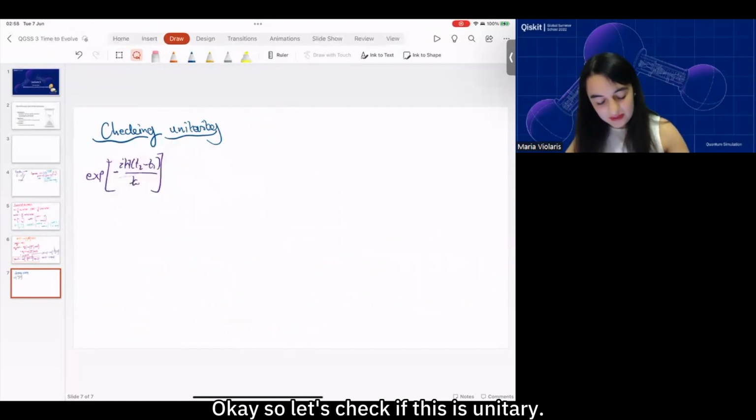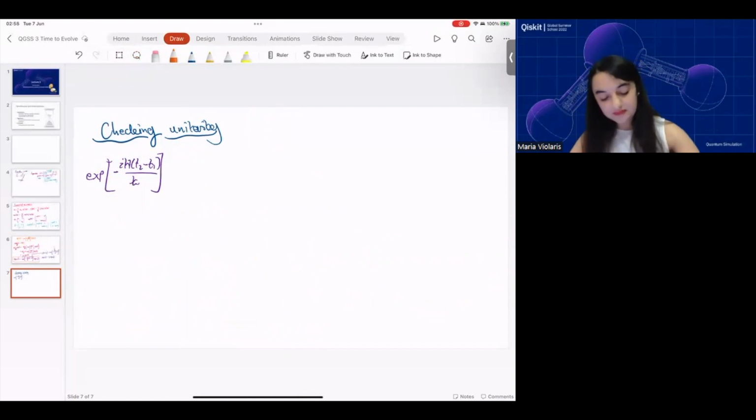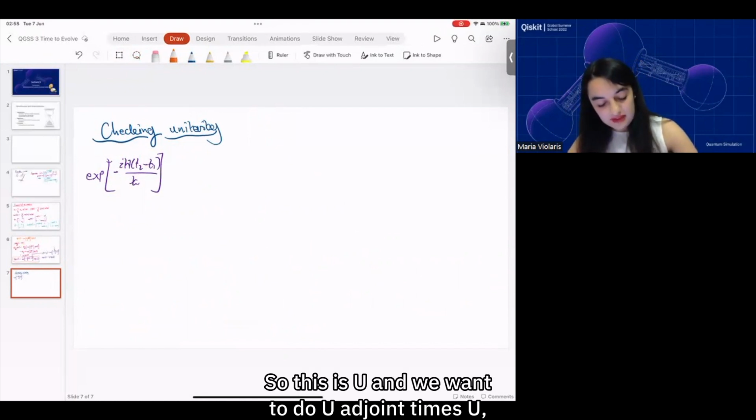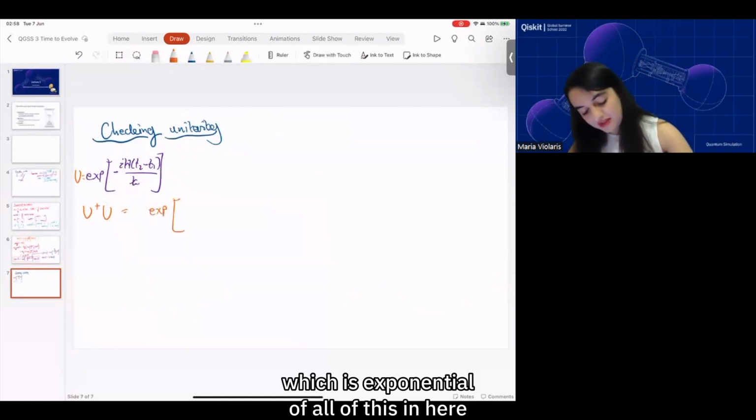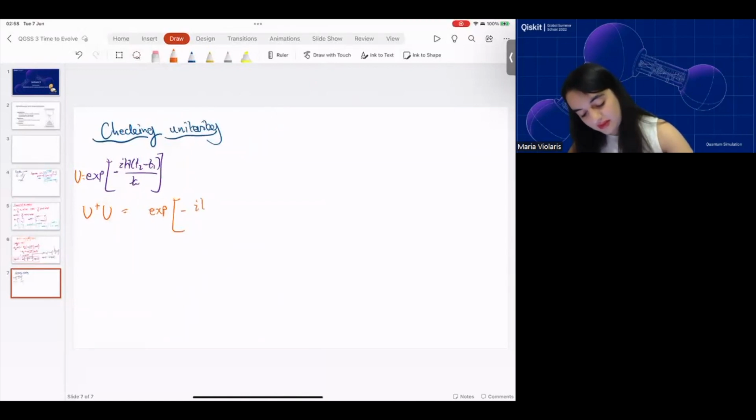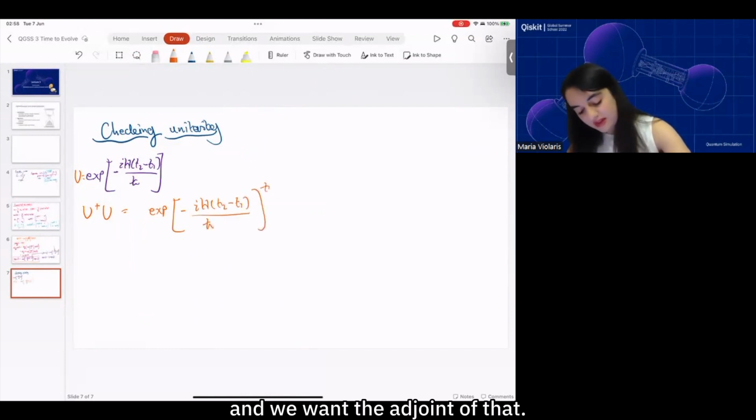Okay, so let's check if this is unitary. This is U, and we want to do U adjoint times U, which is the exponential of all of this in here. And we want the adjoint of that.